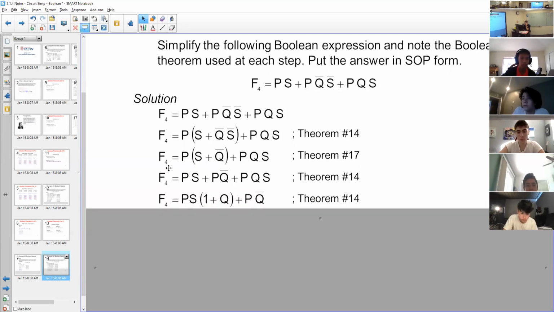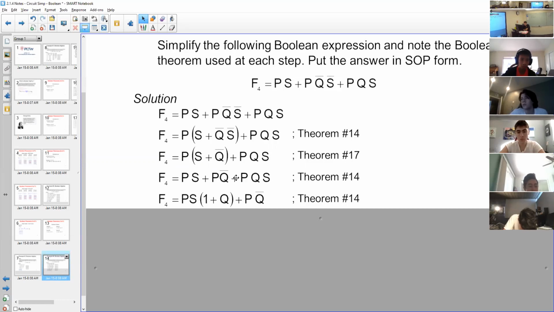Now if they see, well, this first one has a PS, and this third one also has a P and an S, they factored out both the P and the S because it's in both of these. But when you factor PS out of itself, it just leaves 1.